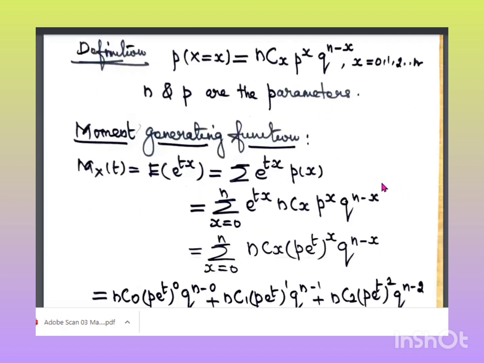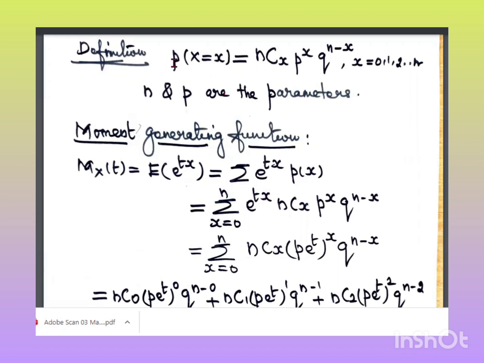So, the moment generating function is denoted by M_X(t), which is equal to the expectation of e power tX, which is equal to summation of e power tx into p of x. This is the formula. What is p of x? That is the binomial distribution definition.